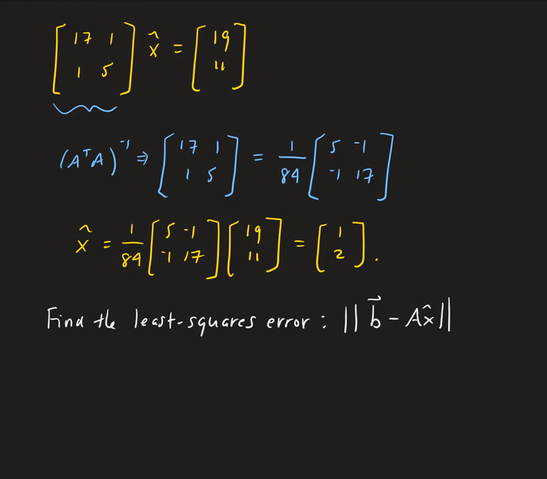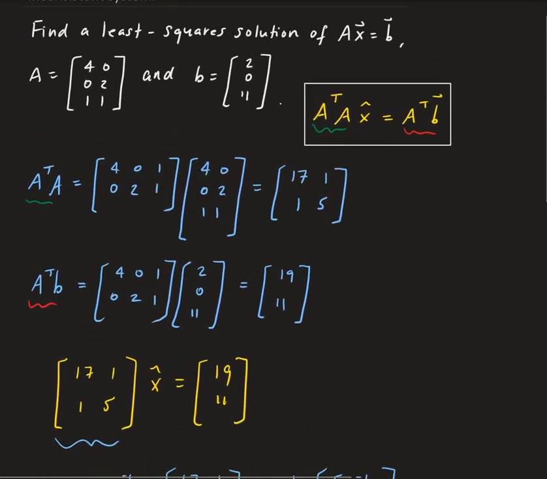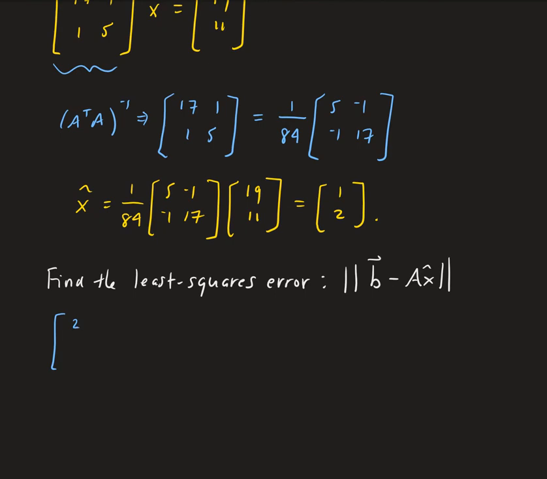Now, b was 2, 0, 1, 1, minus A, which was 4, 0, 0, 2, 1, 1, times x, which is 1, 2.